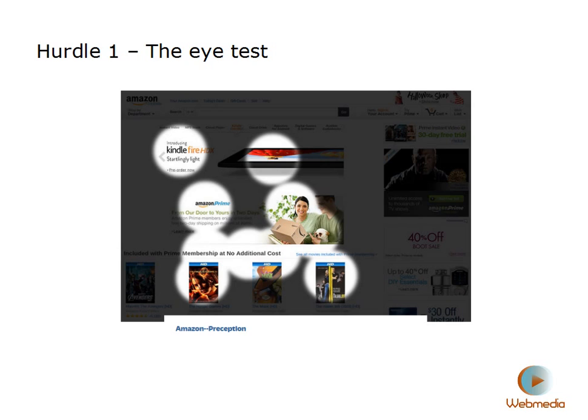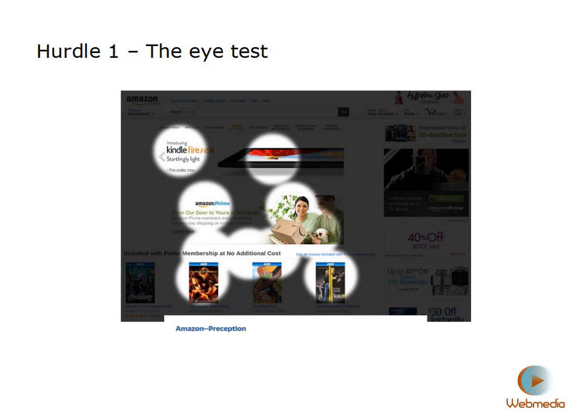And what you need to remember is that this first part of the connection between the consumer and your web page is a very visual story, and what the consumer's generally looking for is to be comforted that they are in a place that is trustworthy, reliable, and is going to give them the content that they came here for.